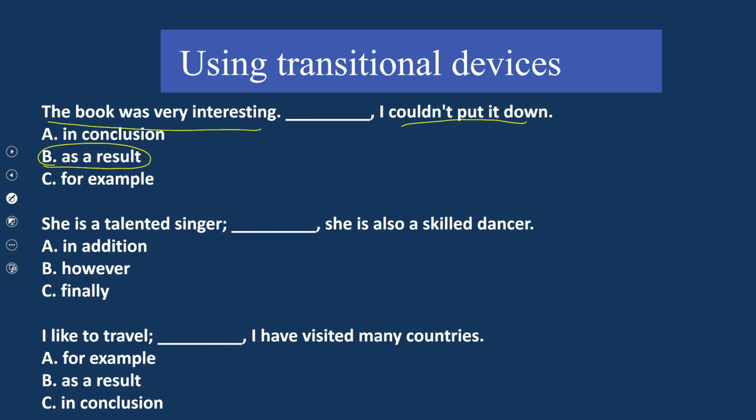Now, in addition, I like to travel. I have visited many countries. Yes. In conclusion, is it more appropriate? We would give examples only when we name which countries we visited. As a result is more appropriate over here.